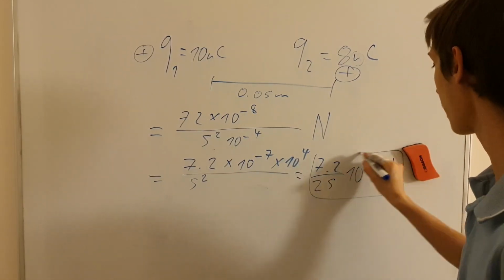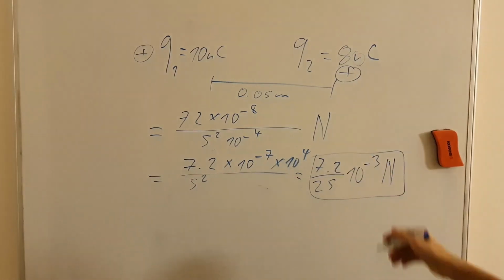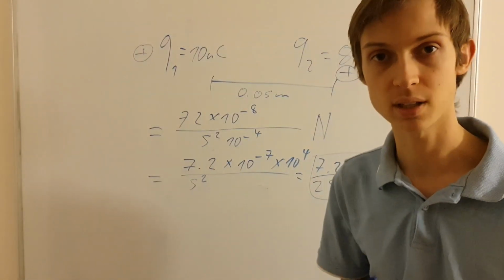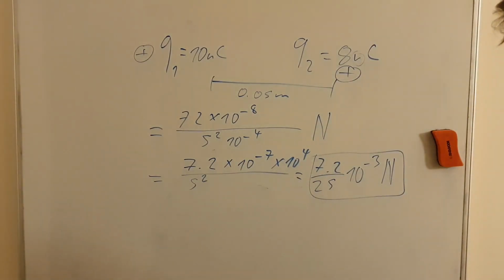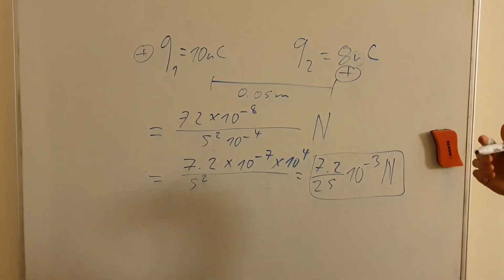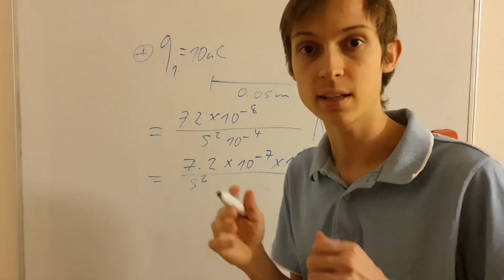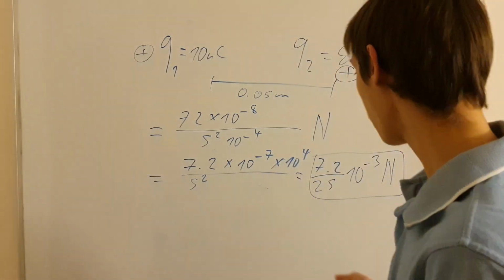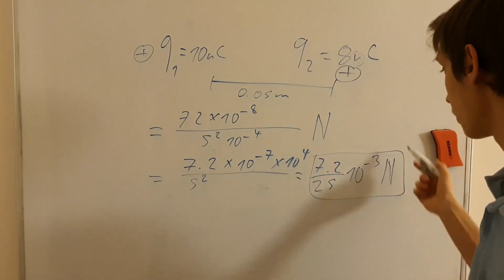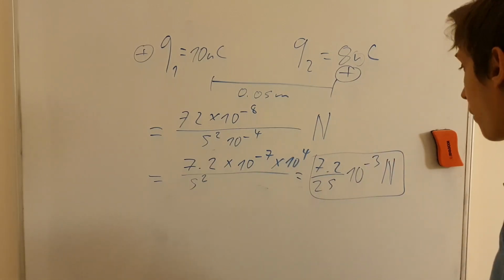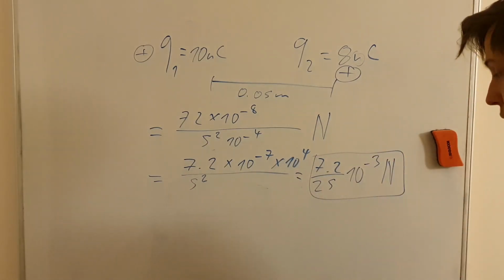This is the result, alright? Of course, this number, you can put it into the calculator and get a decimal approximation of it, but I'm not doing it now. This is actually still the exact result considering the numbers that I used in the beginning. If I said that the Coulomb constant is exactly 9 times 10 to the 9, then of course this result is the exact result, and once the decimal approximation is gotten through a calculator, then that will be an approximation.